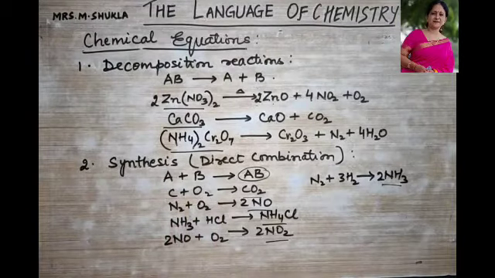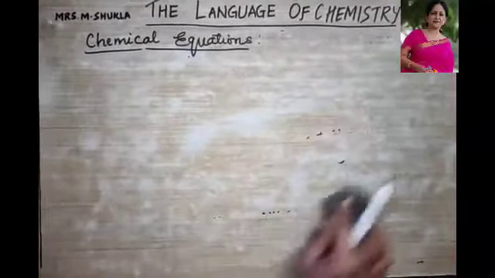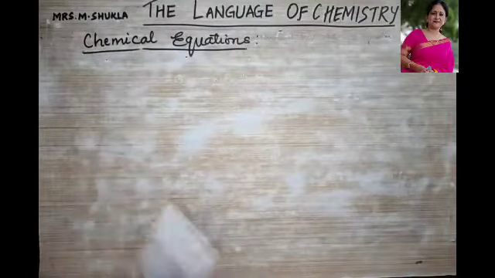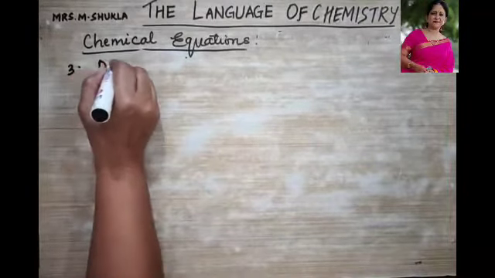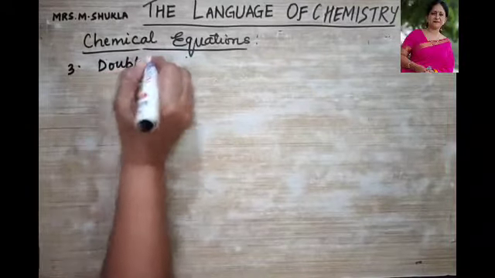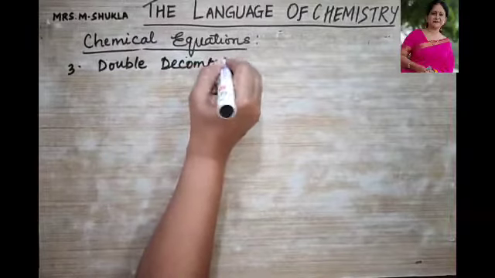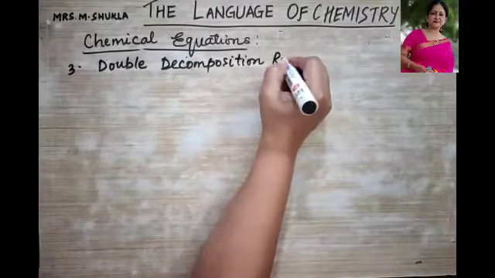Next we come to the third kind of reaction, termed double decomposition reactions.